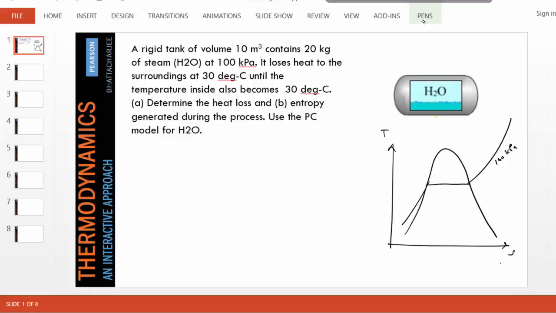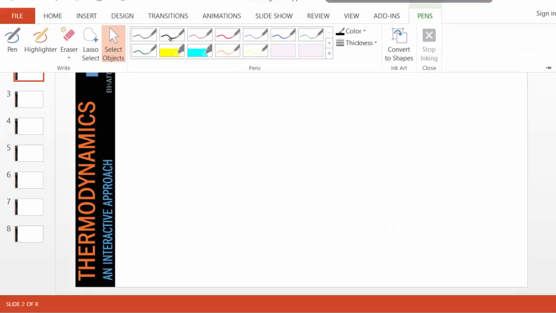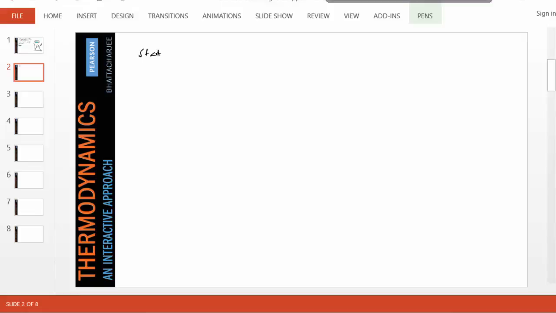We notice the information known about state 1. I think we have to continue on the next page. Let's start here because there is too much to do about state 1.